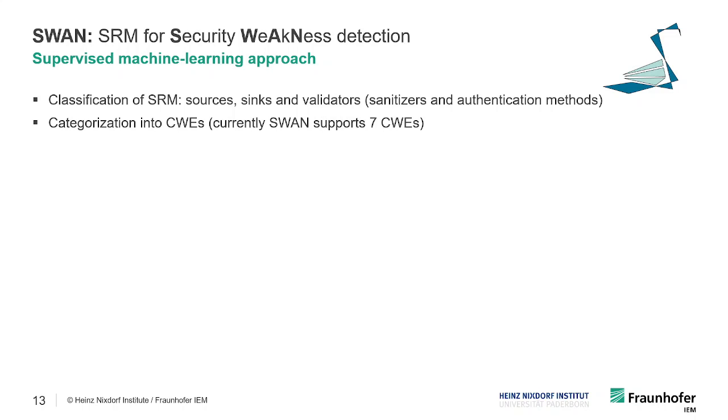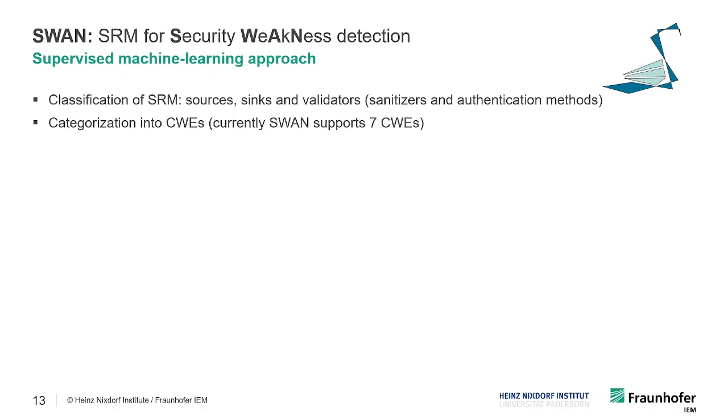As a supervised machine learning approach, we have classifier models, so we have a set of models. I'm going to explain more details how this is created and how these models are run in the pipeline.